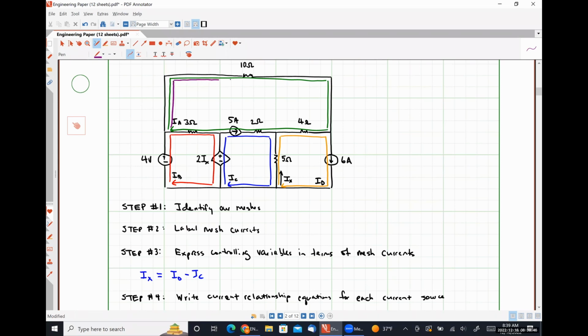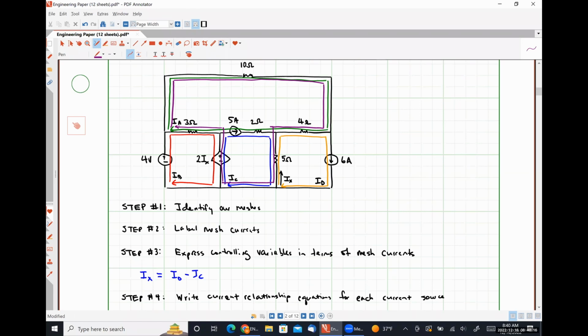We're going to follow IA along this portion of its path. Once we get to that little branch that contains the 5 amp source, we need to choose a different direction. So I'm going to go down. And now we can get back to our original path.